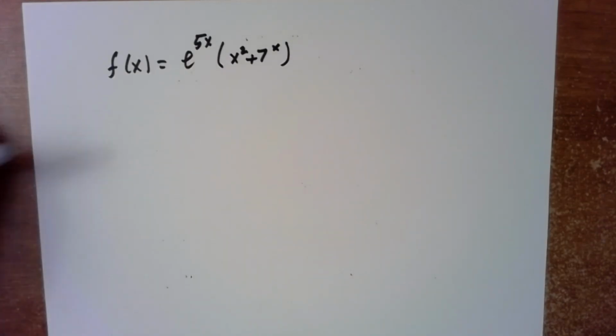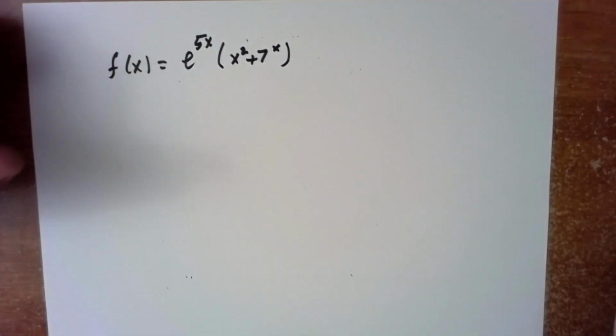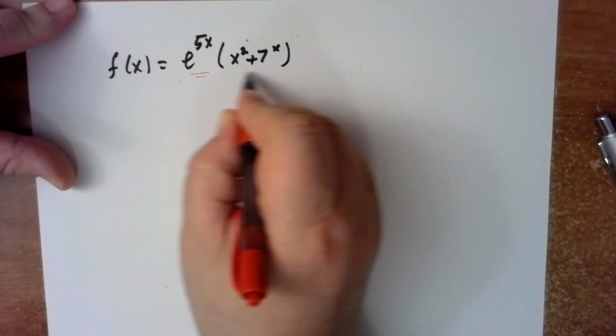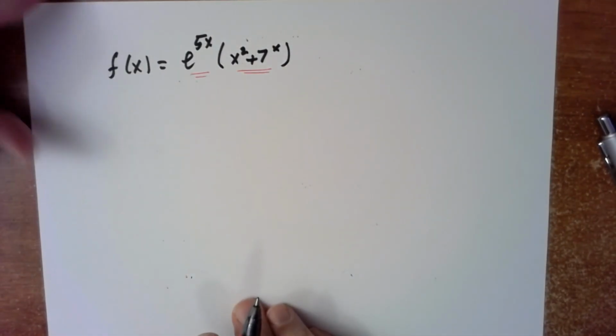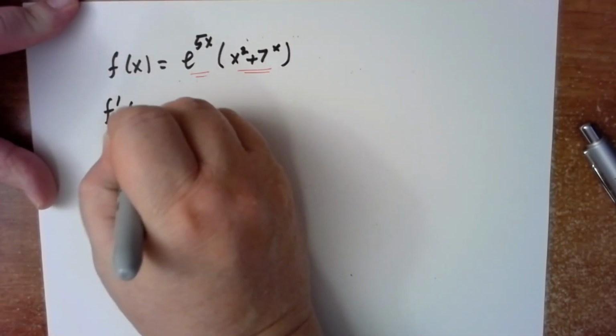Alright, so continuing, here's an example from the first exercise actually. And so let's see if we can differentiate this. So you'll notice that overall we have a product of two things, right? And so when we differentiate this, we'll use the product rule first.